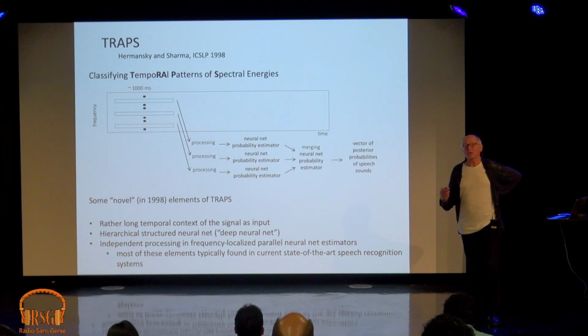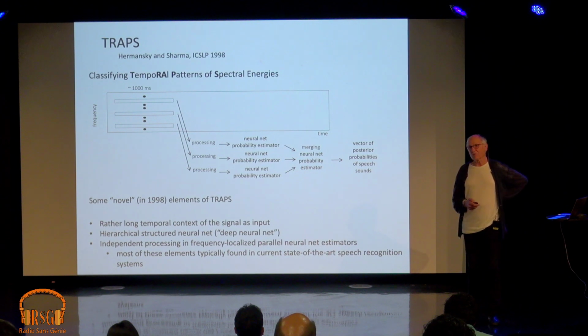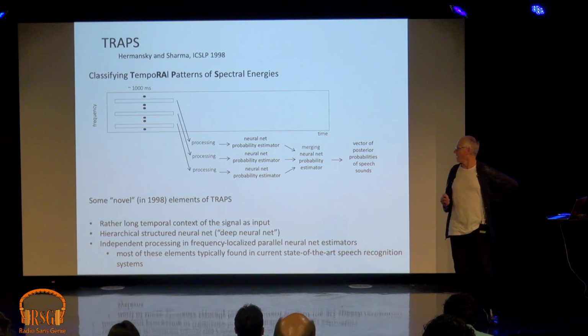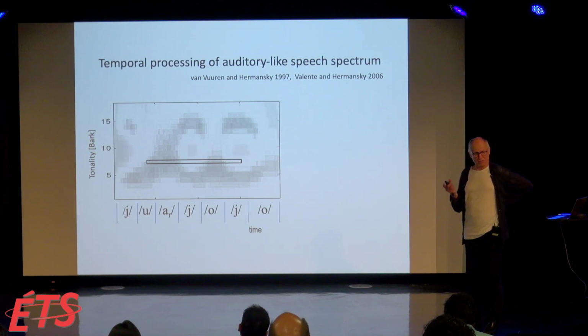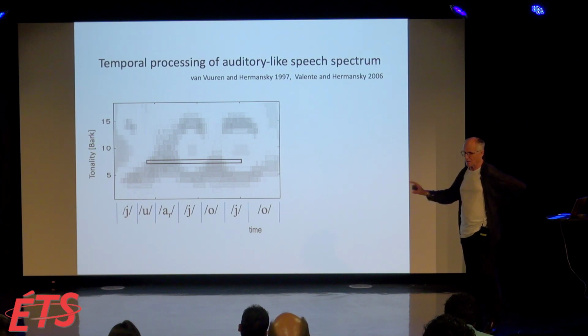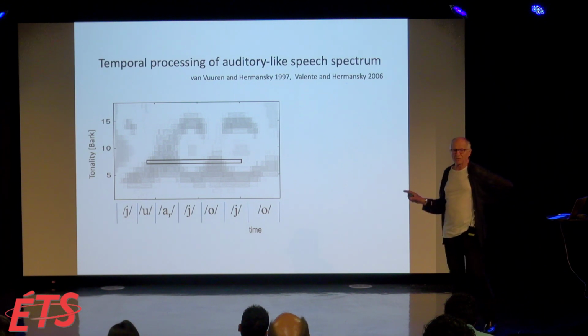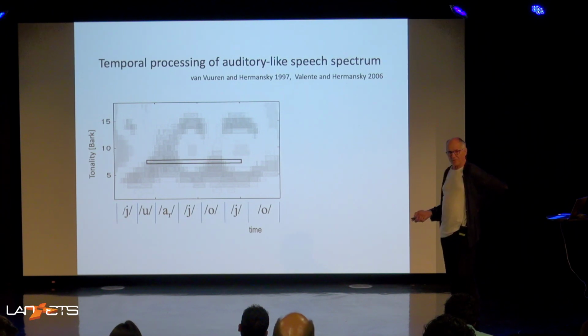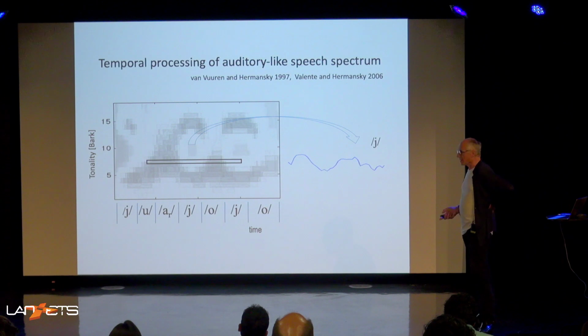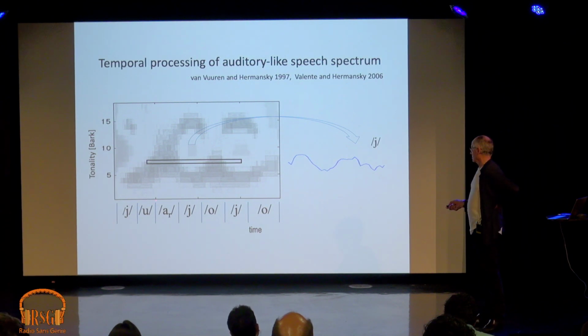So we got interested in temporal processing, and we said, well, we have all these programs around, so we might as well use the same trick. This time we do the trick on the auditory-like spectrum because we already know for sure that auditory-like processing is good. So we start with the auditory-like spectrum, but we take a long segment at a given frequency, and again we label it with the label which is in the center of this long segment, because this long segment covers more than one phoneme.